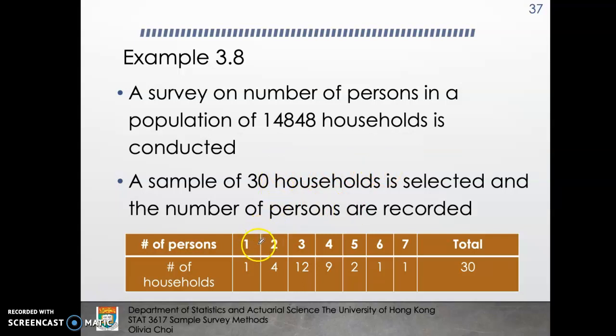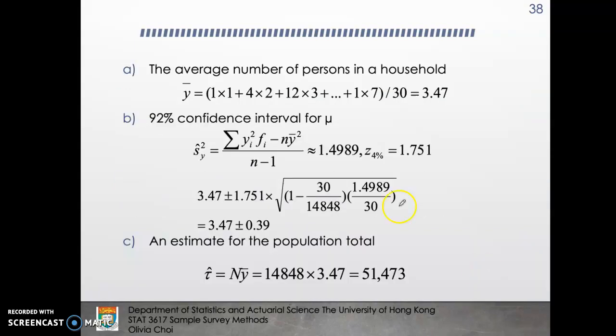We see that one household has one member, 4 households have 2, 12 households have 3, etc. We calculate the average number of persons per household: frequency multiplied by number of persons, summed, and divided by the total households. So the total number of persons divided by 30 households, on average, is about 3.47 persons in a household.